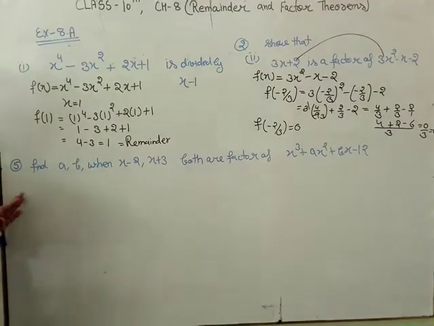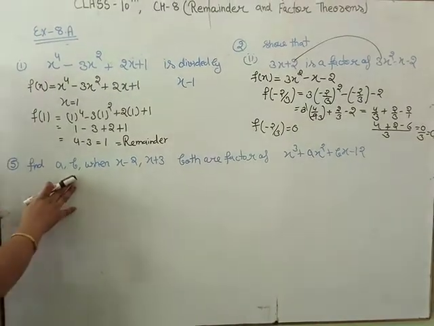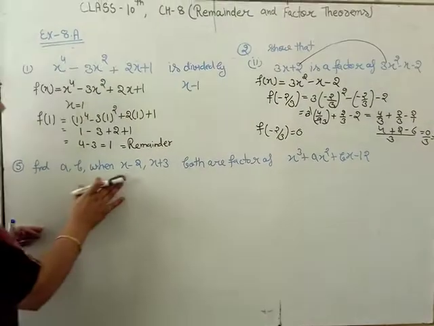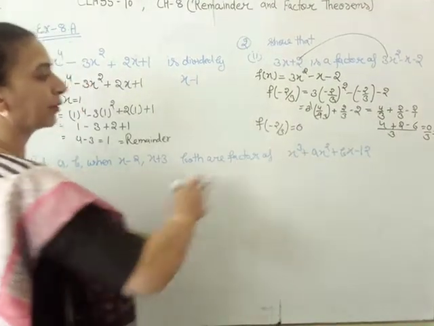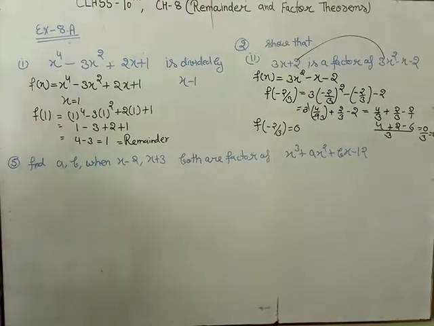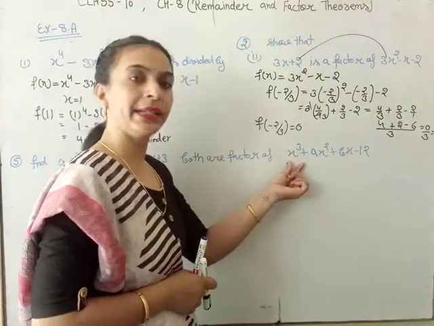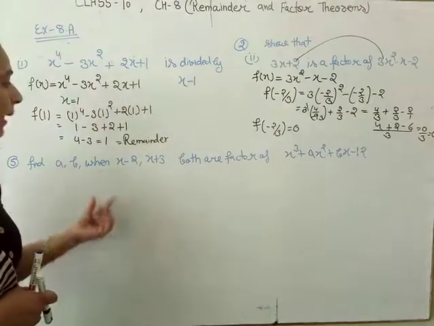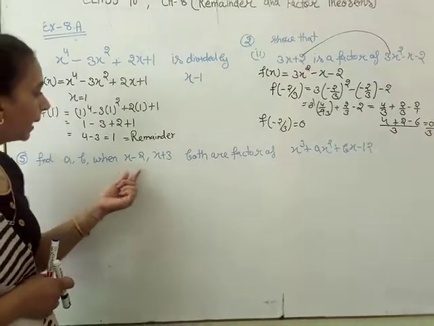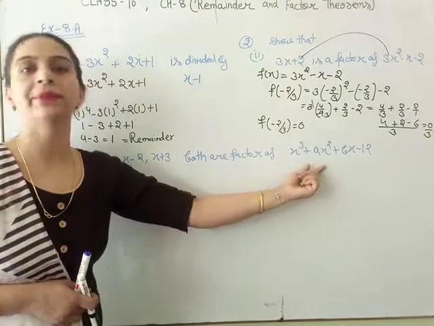Question number 5. Find a and b. A and b are unknown when x minus 2 and x plus 3 both are factors of this expression. Student, in this question there is variable x, and a and b both are unknown. We find the values of a and b when x minus 2 and x plus 3 both are factors.